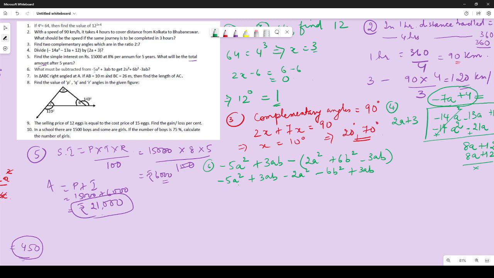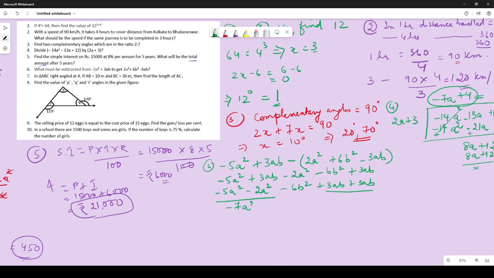So now you group the like terms together. So minus 5a square minus 2a square, these two are together. Minus 6b square, there is nothing else over here, then plus 3ab plus 3ab. So when the signs are same, then the operation is addition and the sign does not change.